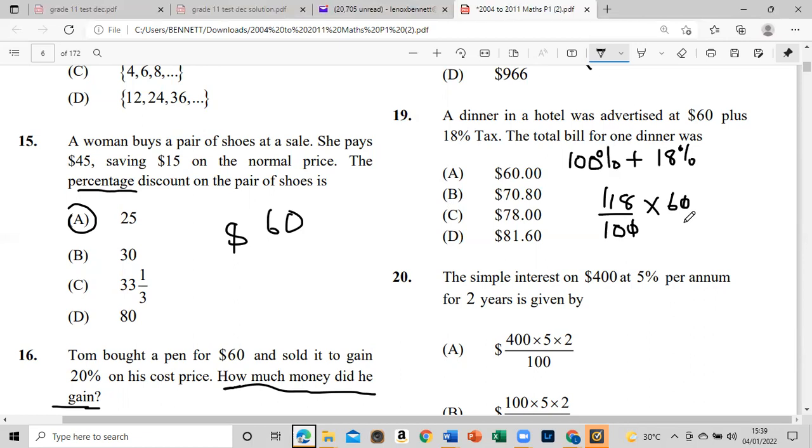Okay, alright, we could just go with 2. Alright, so these are 3. And these are 5. So 3 8s are 24. Remember we're not allowed calculators, right?